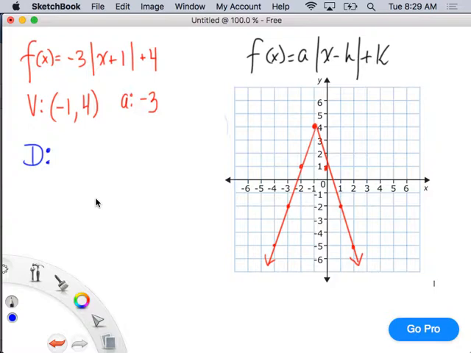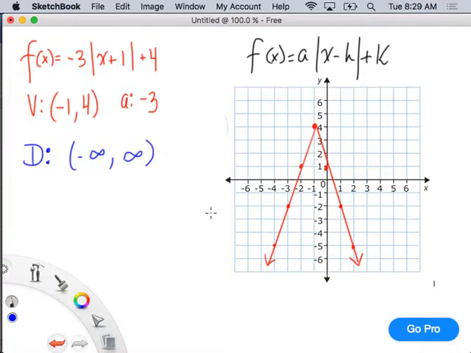Very good. Negative infinity to positive infinity. Okay, there's nowhere that I can put my pen to the left or the right where I won't eventually intersect the graph. So the domain is negative infinity to positive infinity.